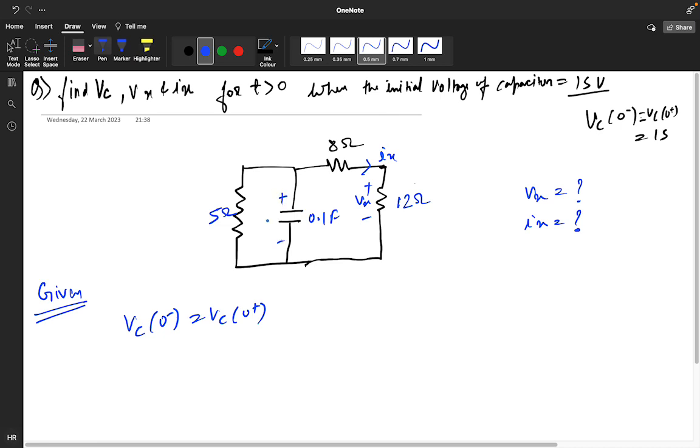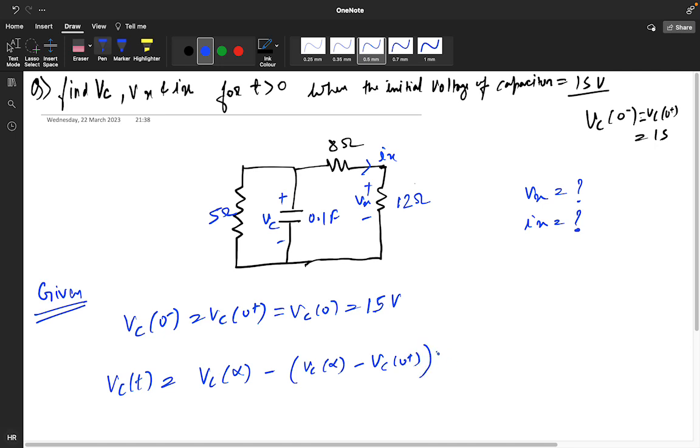These are all the given parameters. And what you know is the capacitor formula: Vc of t is Vc infinite minus (Vc infinite minus Vc of 0 plus) into e power minus t by RC. This is the formula. We write it only after we derive this formula.